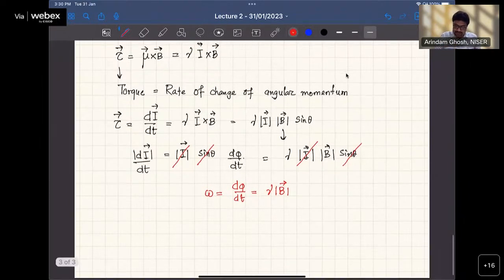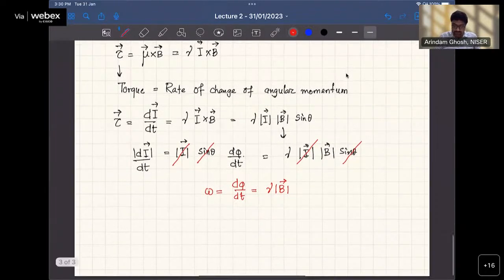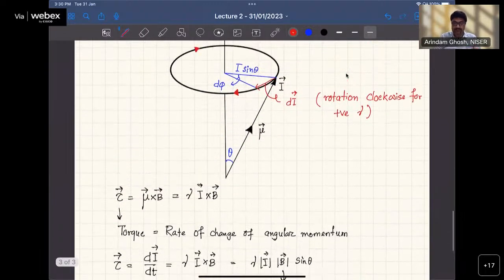Now this omega is equal to gamma times B, and often, magnitude wise, it is written as omega 0. When B is basically B0 in the Z direction, then magnitude wise we write omega 0 equals gamma times B0. And what is this omega 0 about?